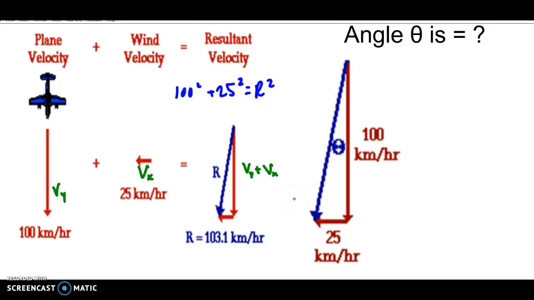If they had asked you what angle theta is, we would just use what we've been doing: the tangent of theta equals b over a, right? Now, we do need a little bit more context to do anything with this. Here, we think that this is going south. We think that this is going west.